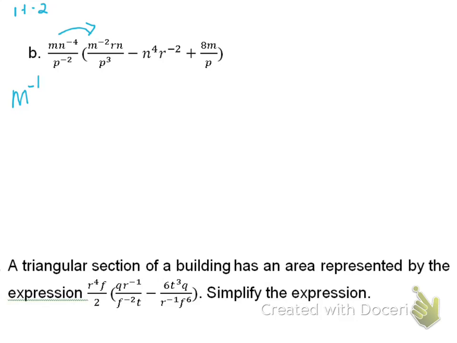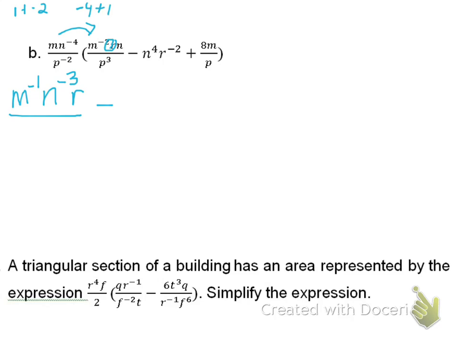Then we have the n's. So we have n to the negative 4th and n to the first power. So again, that's negative 4 plus 1. So that's going to be n to the negative 3rd power. And then we also have an r in here. So we have to tack that on. We're done with the numerator of the first term.